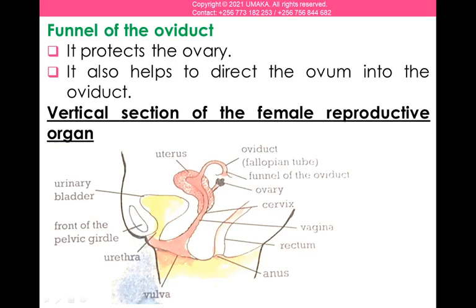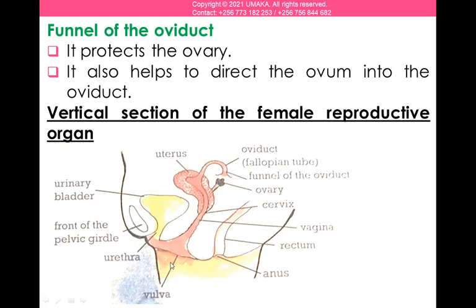That is why I'm having one ovary, I'm having part of the uterus, okay? So automatically when you see the ovary here, this one becomes the fallopian tube, funnel of the oviduct, uterus or womb is here, cervix is here, vagina is here, vulva is here.